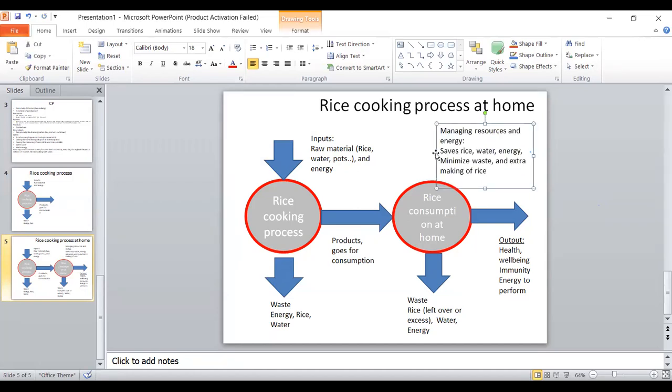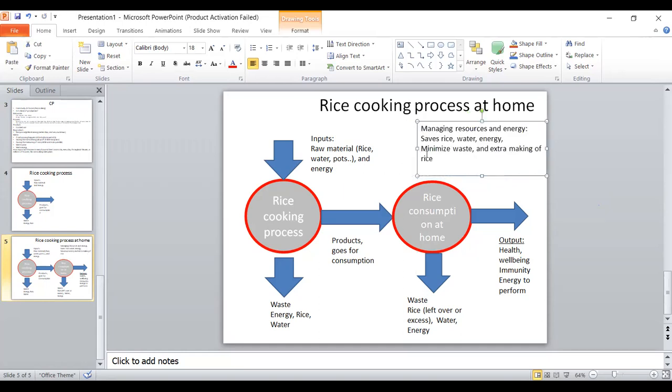So this resource management, efficient use of resources and energy, is very important.